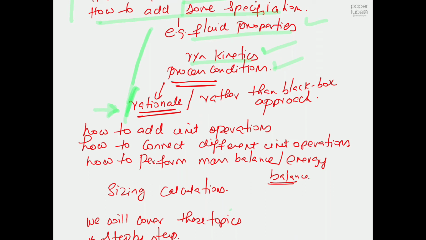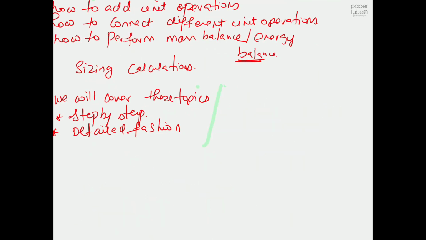And then obviously how to perform mass balance and energy balance. I'm not going to do it by hand because the software is going to do it, but I will show what the software does and where to get those numbers from the process flow sheet. And obviously we can do the sizing calculations. As I said, I like to take this module very slowly, so we will cover these topics step by step in a very detailed fashion.